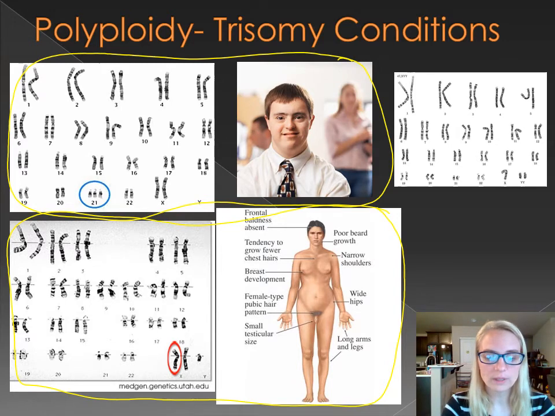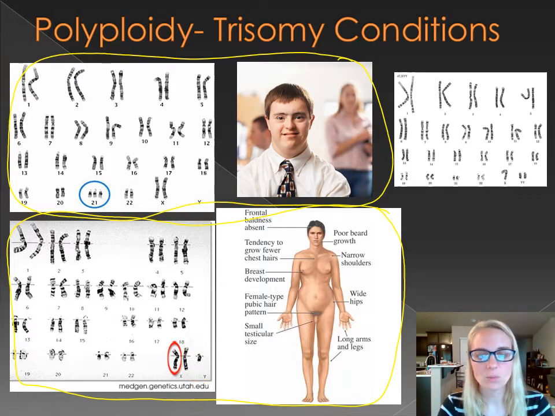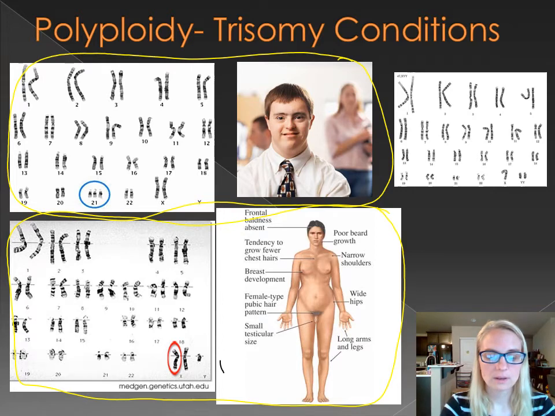So normally, an XX person is a female, and an XY person is a male. So what happens when we have XXY, when you have kind of both combinations?